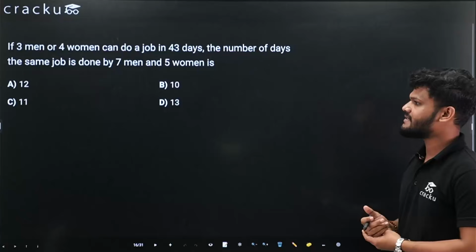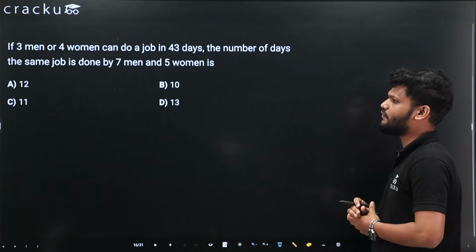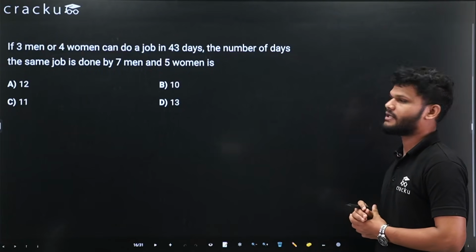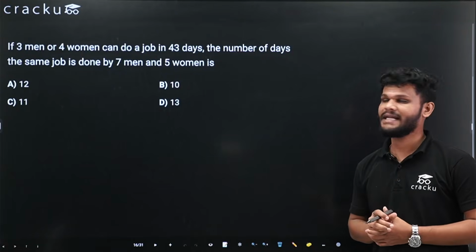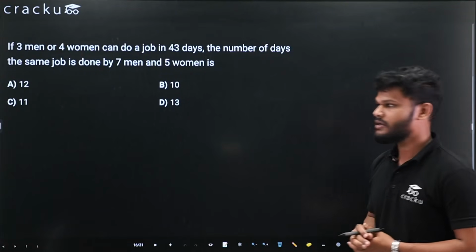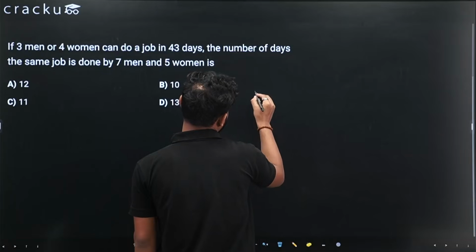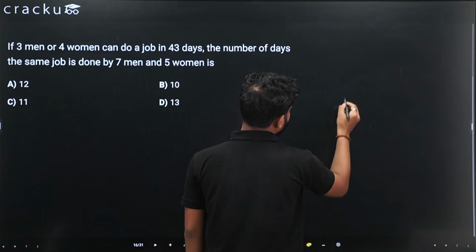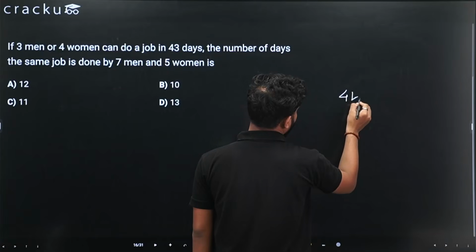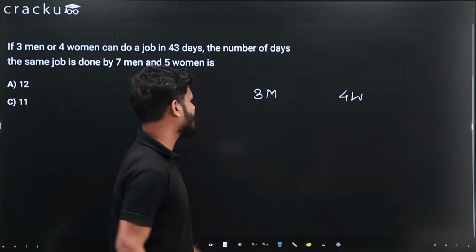In this question we are asked, if 3 men or 4 women can do a job in 43 days, the number of days the same job is done by 7 men and 5 women is what? So we are given 3 men, so let us say 3M, or 4 women, let us say 4W, can do the job in 43 days.